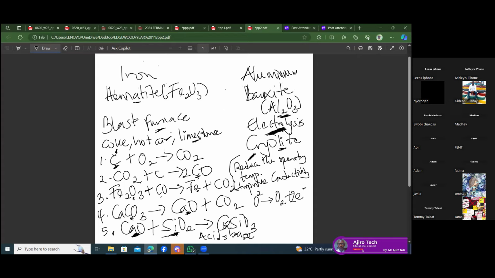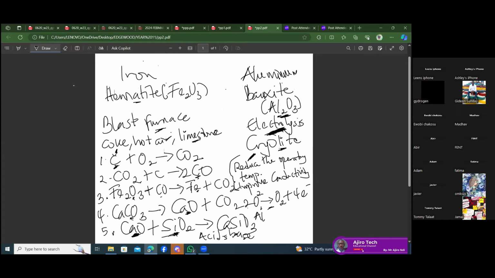We can put a 2 here to ensure the equation is balanced. So first we are writing what is occurring at the anode. You should know this. We have 4e minus, because there are 2 oxygen atoms on each side, then a charge of 4 and a charge of 4. So this is what is occurring at the anode.